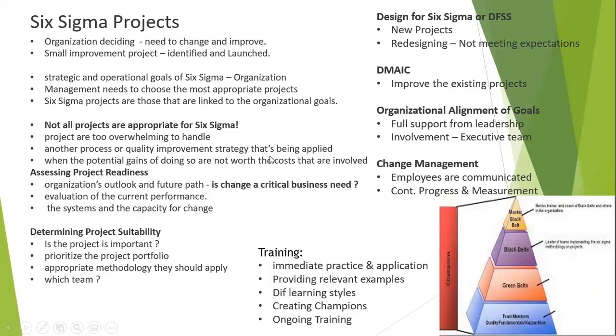A quality improvement strategy needs to be applied, and it should be linked with your organizational or process goal. The potential gains should be worth the cost involved. For example, an organization wants to implement a Six Sigma project.